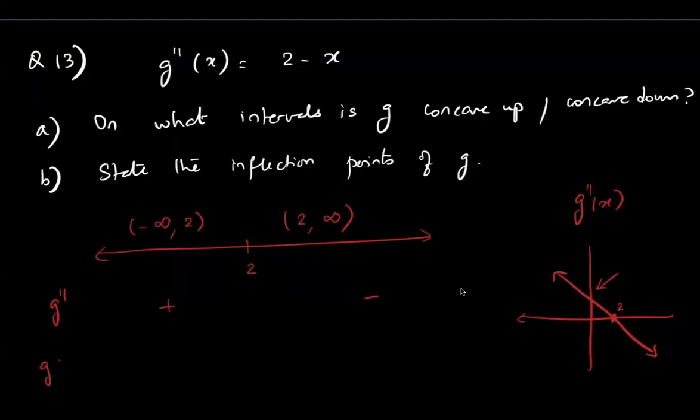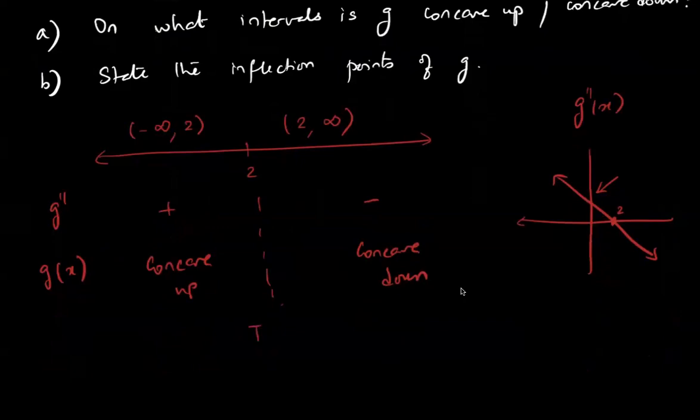When g double prime is positive, g is concave up in that interval, and concave down in the interval 2 to infinity. And this point where the concavity changes is called the inflection point. So where is my inflection point? It's at x equals 2, and whatever the function value is. So x equals 2 is a critical value for the inflection point.